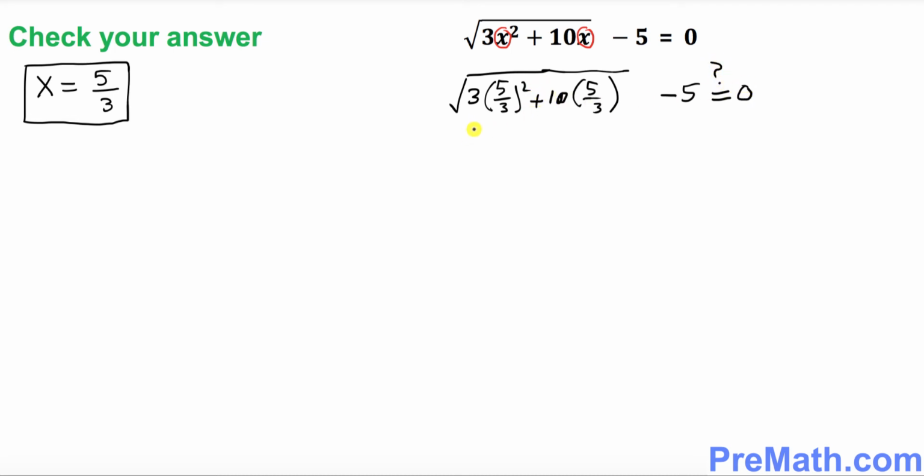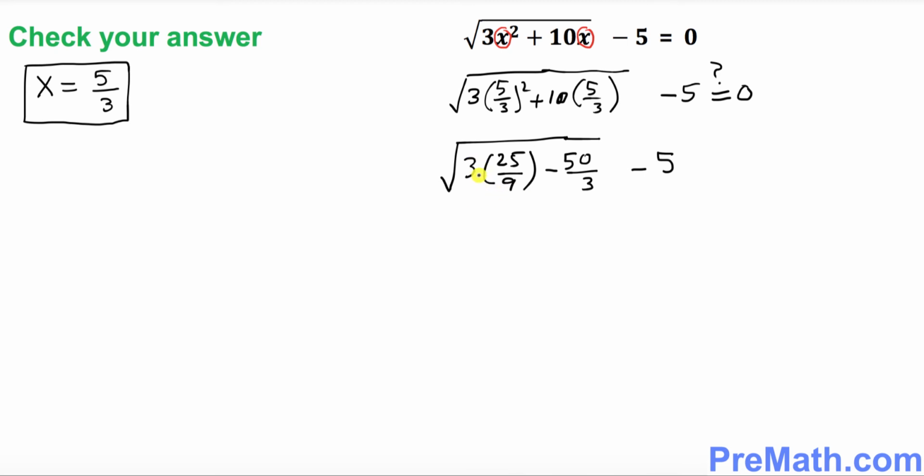So let's simplify what's going to happen. 3 is outside, and 5 over 3 squared becomes 25 over 9, plus 50 over 3, minus 5. We are just doing the left hand side.